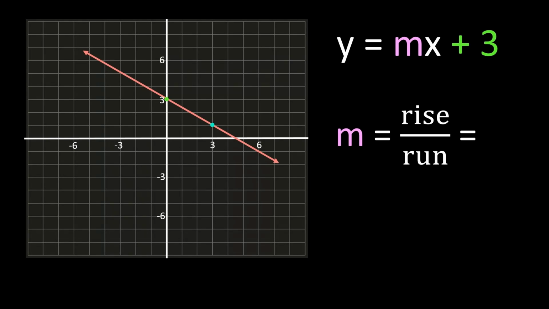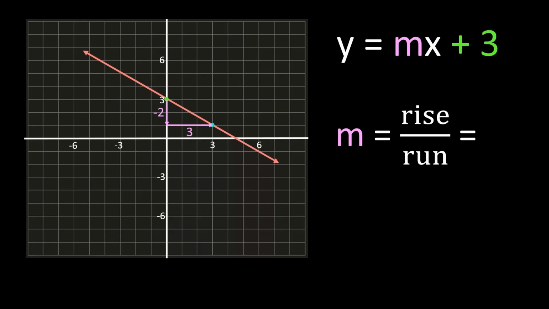So my rise, if I start with the point on the left, I'm going down 1, 2, and if I go down 2, my rise is going to be negative 2. Then to make the rest of my right triangle, I need to go to the right 1, 2, 3. So my run is 3.